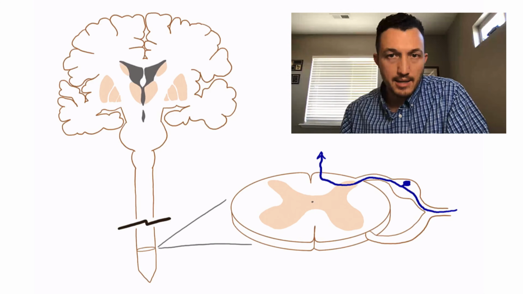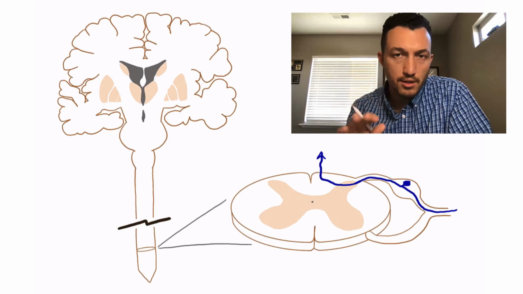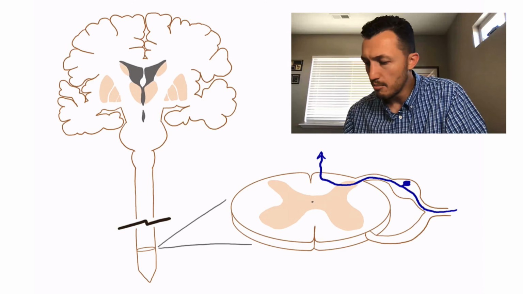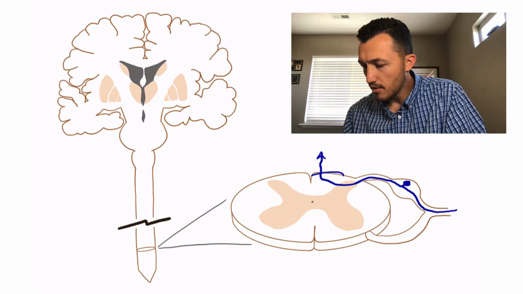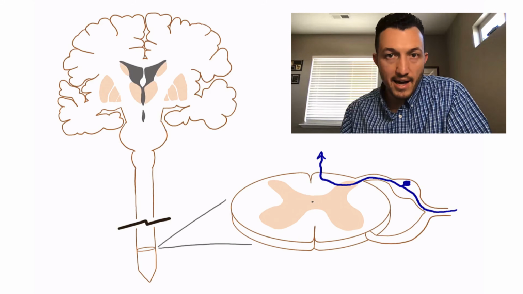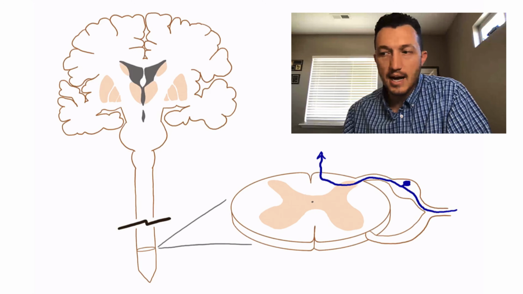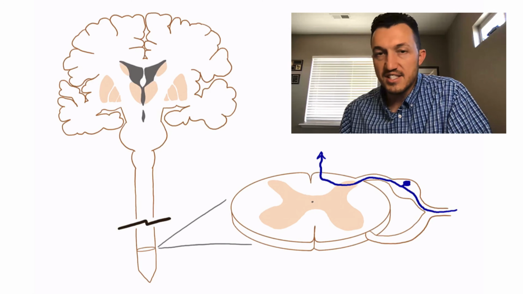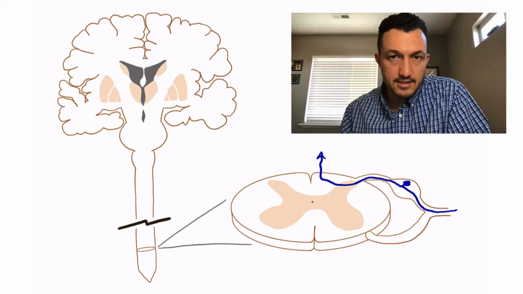It'll stay on that same side, but in what we call the posterior columns or the dorsal column, which is this little segment of the spinal cord back here. It will stay in that region of white matter, which are also known as the gracile and cuneate fasciculi, as it ascends there in the spinal cord.